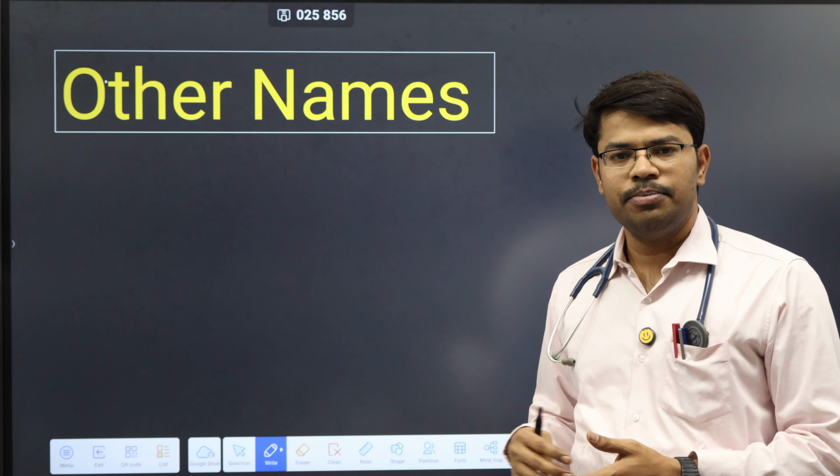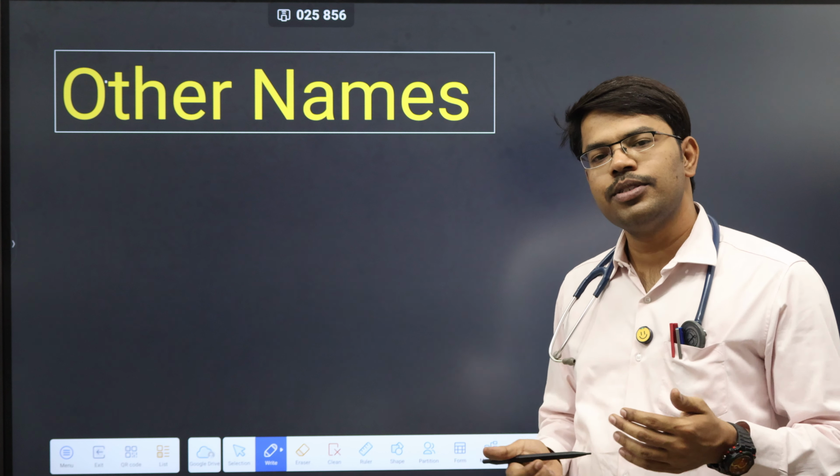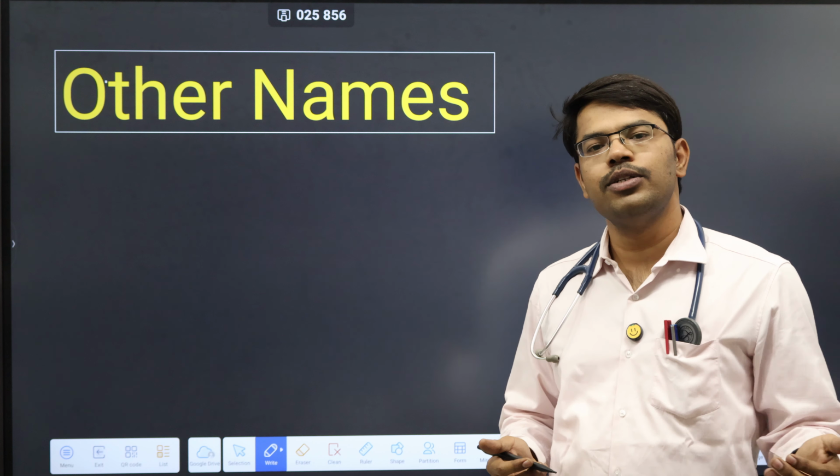So what are the other names? There are various names which have been used in the past to describe this condition. One is preclinical, preclinical myxedema, they used to describe.